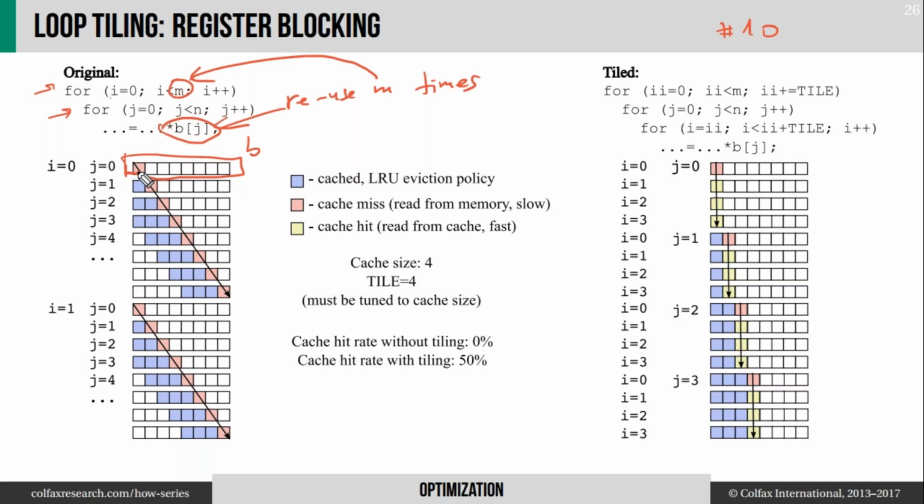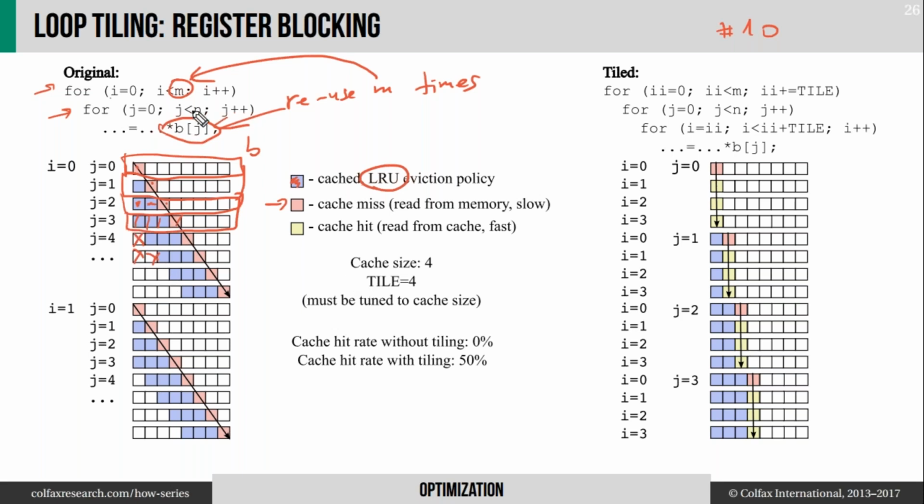I'm starting to read B, and red means cache miss, so I have to go to memory. This is a long latency operation. But I'm caching the last few elements, and I keep caching data of B until I run out of cache. Once I run out of cache, I will have to evict the least recently used elements, LRU.